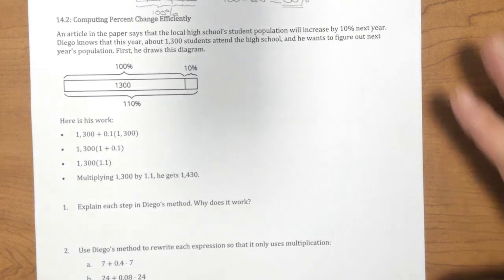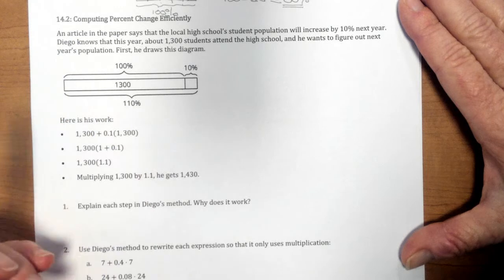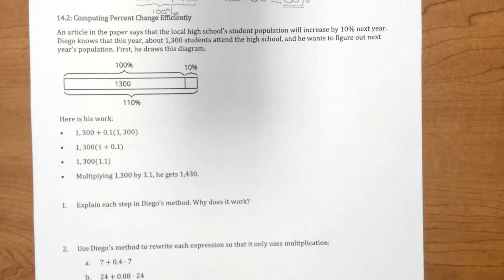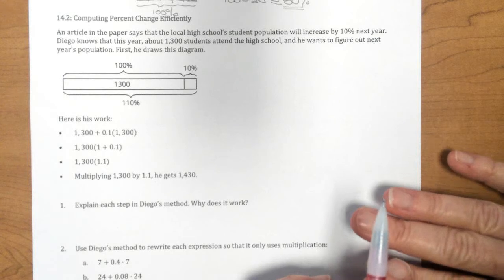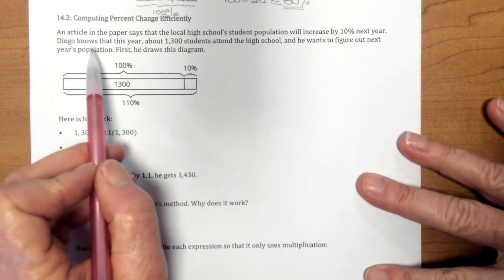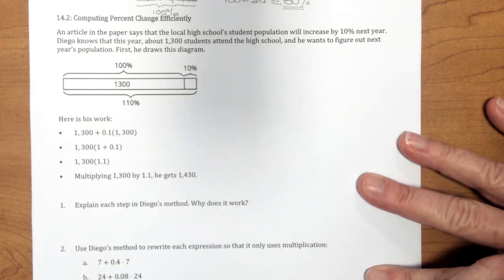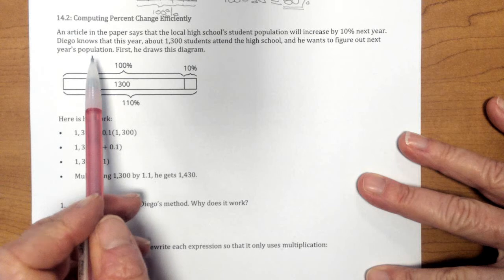So what I'm going to do is read this problem out loud. It says an article in the paper says that the local high school student population will increase by 10% next year. Diego knows that this year about 1,300 students attend the high school, and he wants to figure out next year's population.